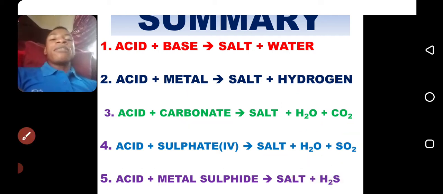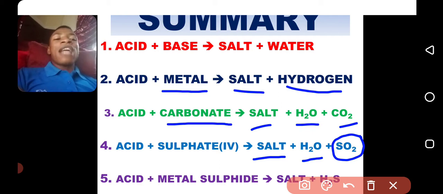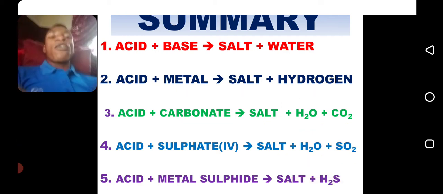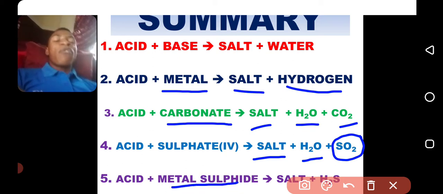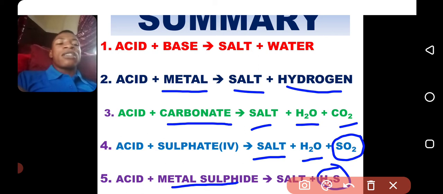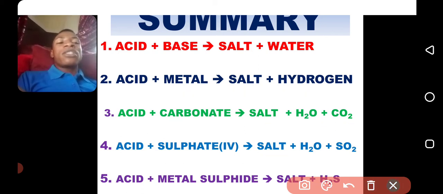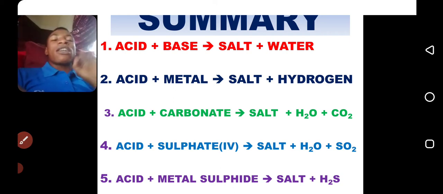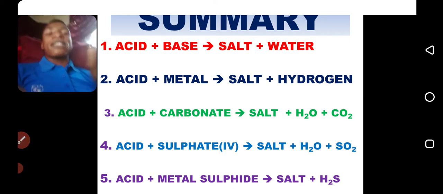Then finally, they react with metallic sulfide to produce salt and hydrogen sulfide. So we're going to take a look at all these 5 properties one after the other and explain them in depth.